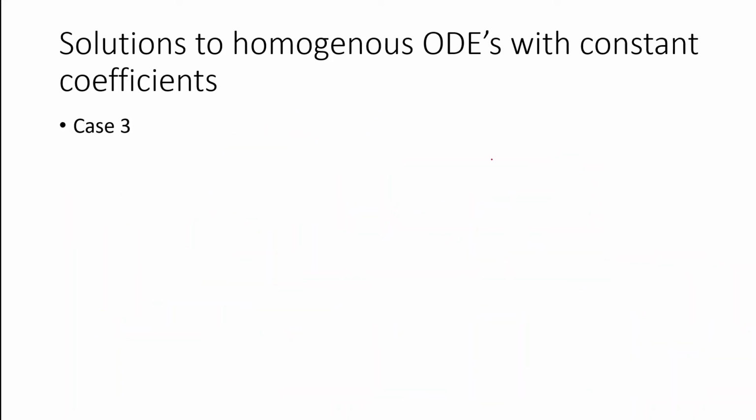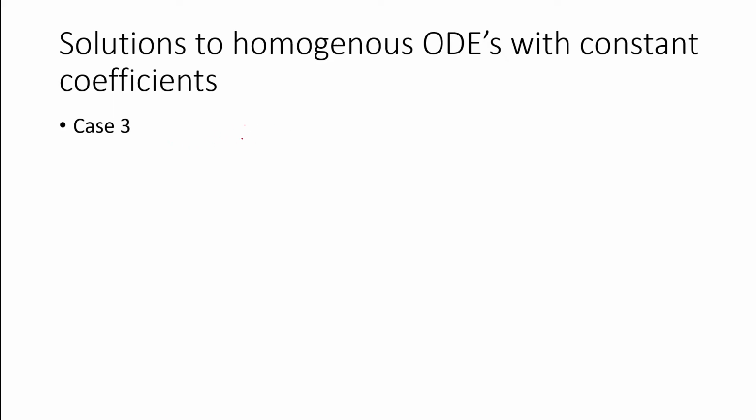So that was the second case. Now the third case of solutions is an interesting case. If you solve this polynomial equation and you get some complex conjugate roots, then as we know very well, complex roots must always come in pairs.